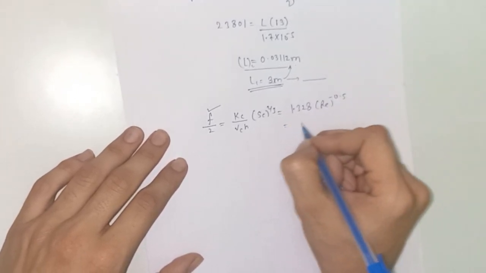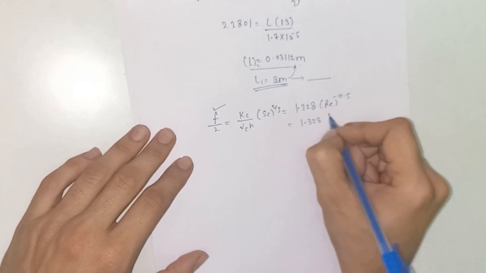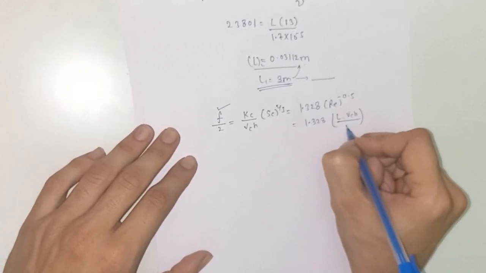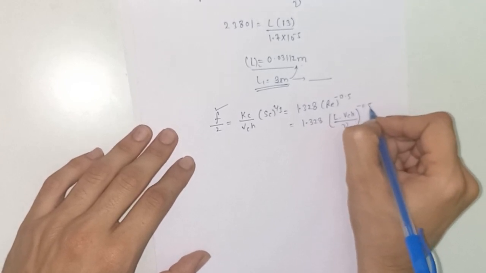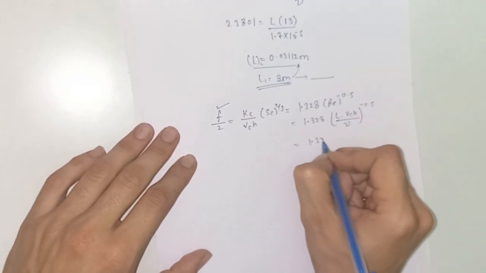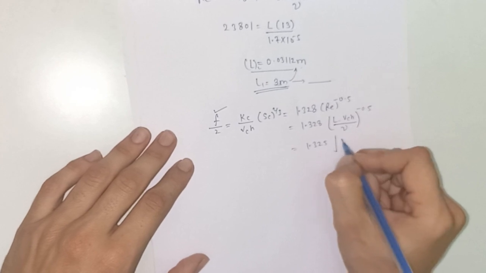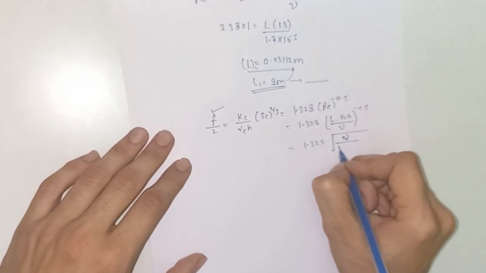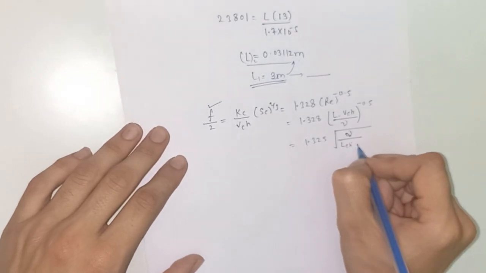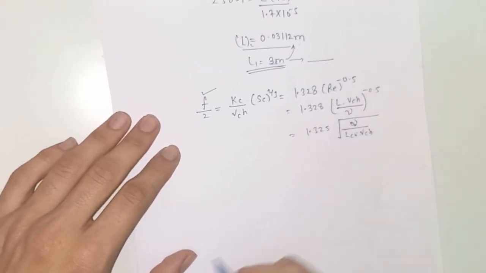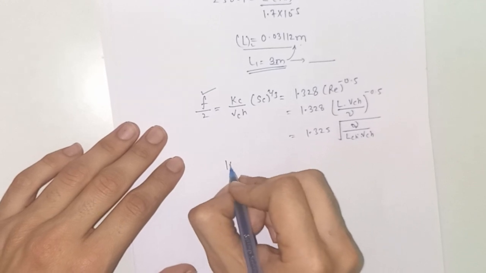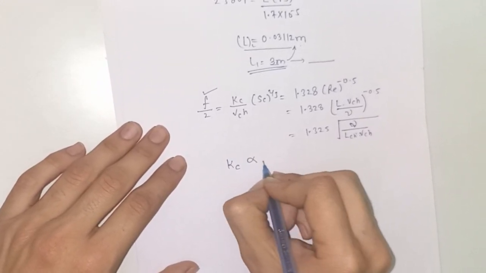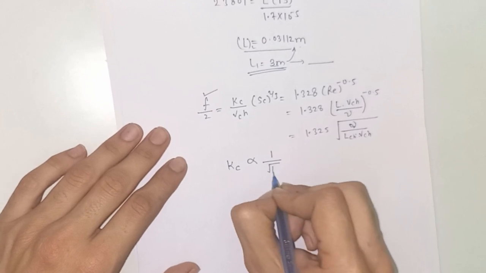Now this Reynolds number can be expanded as length times characteristic velocity divided by kinematic viscosity, to the power -0.5. Now we can substitute all the values and make a root of the kinematic viscosity upon characteristic length and characteristic velocity. From here we can see that Kc is directly proportional to 1 by root of the characteristic length.